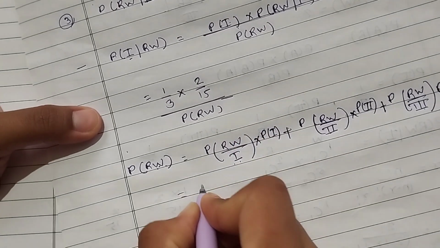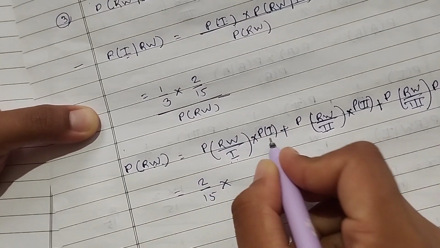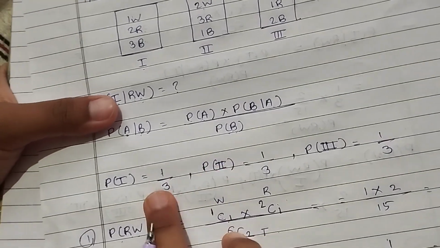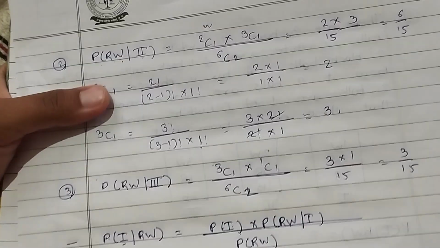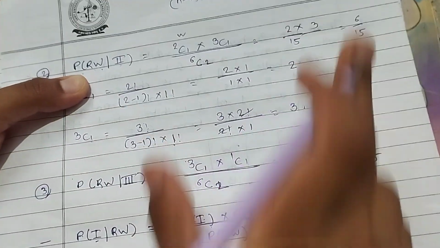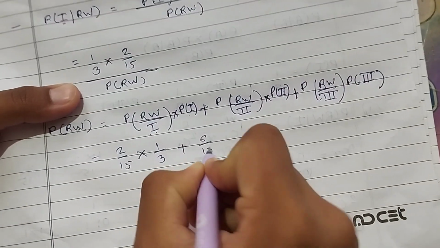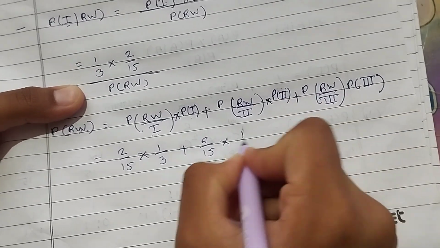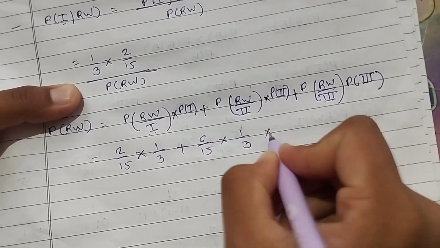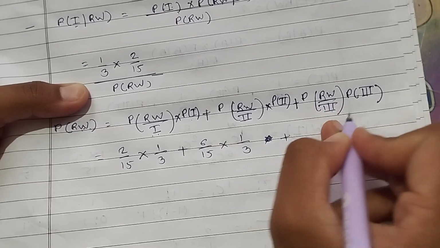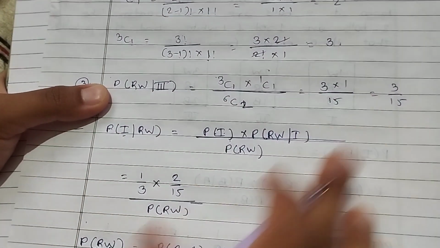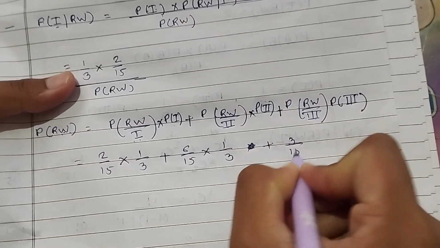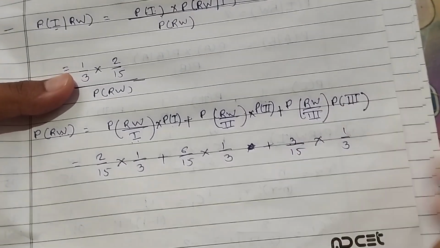Put it 2 by 15 into probability of first, 1 by 3, plus RW second 6 by 15 into probability of second, this is the same 1 by 3, plus third 3 by 15 into 1 by 3.